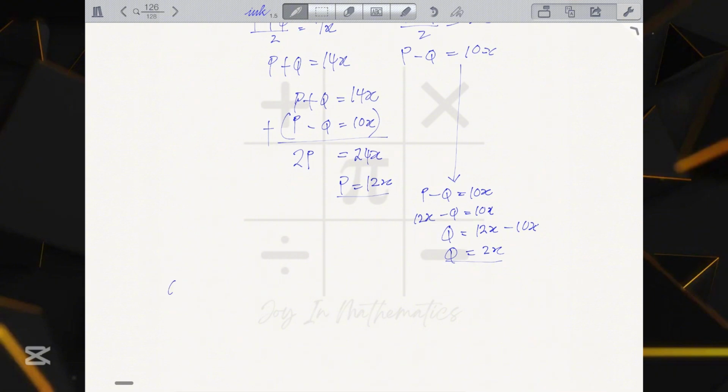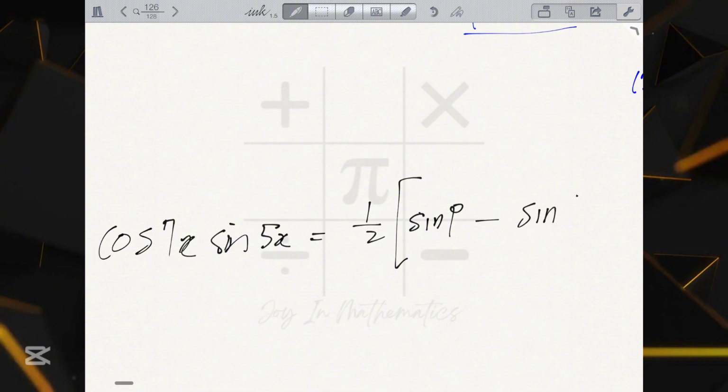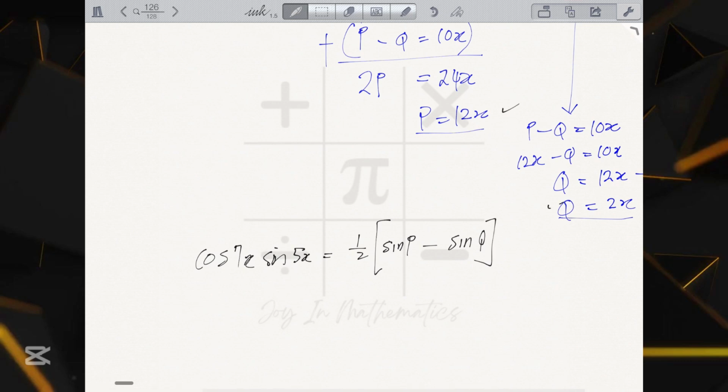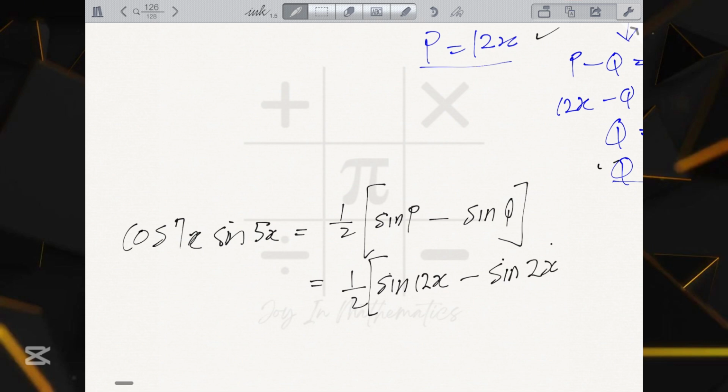That cos 7x sine 5x is equal to 1 over 2 multiplied by sine p minus sine q, and we have evaluated that p is equal to 12x and q is equal to 2x. So we have this to be equal to 1 over 2 sine 12x minus sine 2x, which we have expressed in terms of sums.